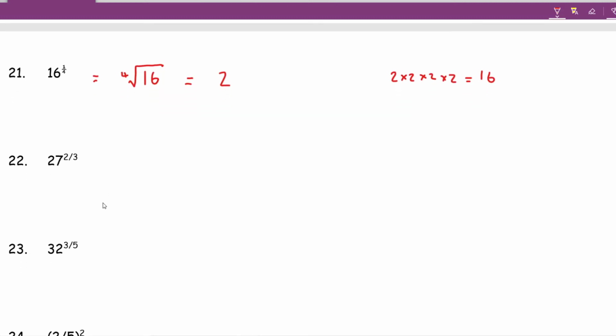Now here, remember, when we're doing this, the way I describe this is you put it in two forms. So if you've got a to the 2 over 3, this is the same as the cube root, and then the top one is the square.